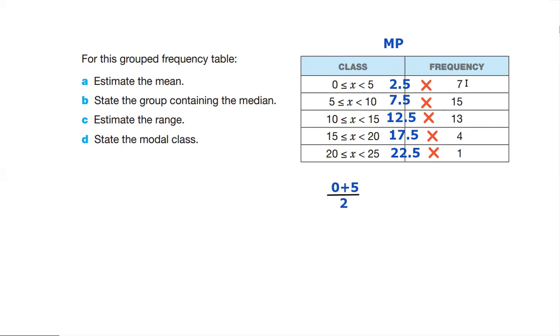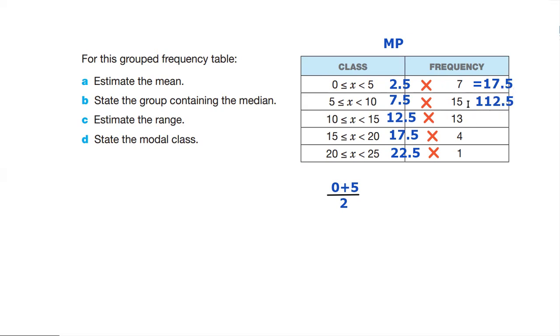So first, 2.5 times 7 is 17.5. And then we have 7.5 times 15. It's going to be 112.5.